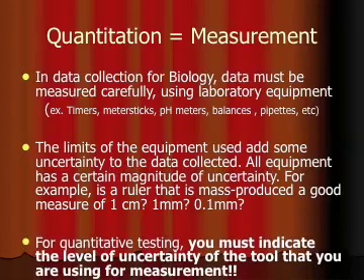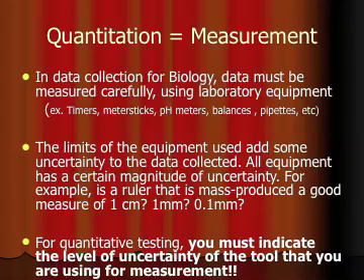Okay, for quantitative testing, if you have to know really exact numbers, you have to indicate the level of uncertainty of the tool that you are using for measurement. So every time that you are in the lab, you are going to write down your data values. For example, my result was 5, okay, but 5 with the level of uncertainty.